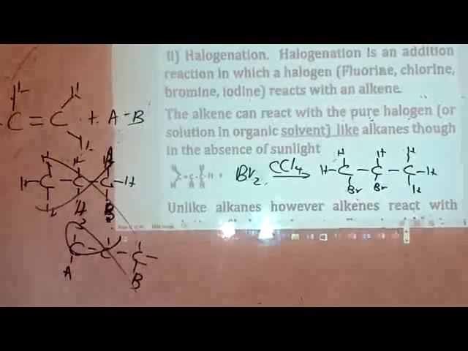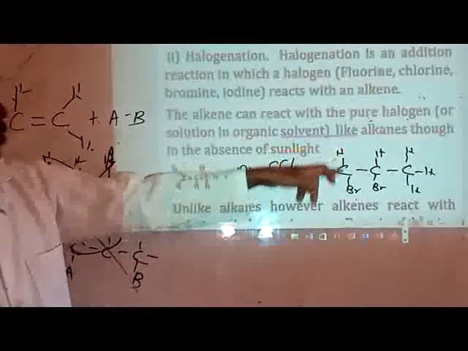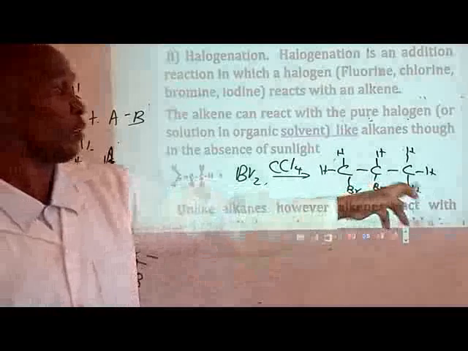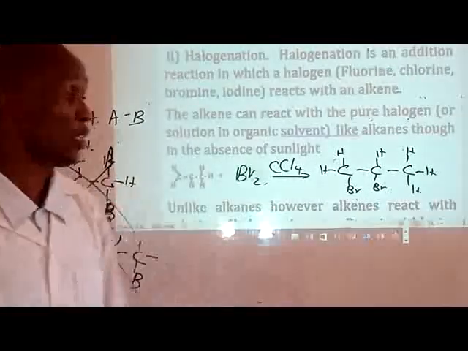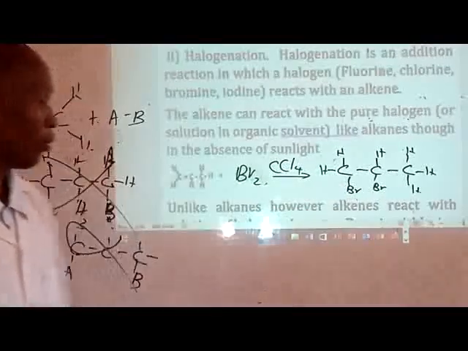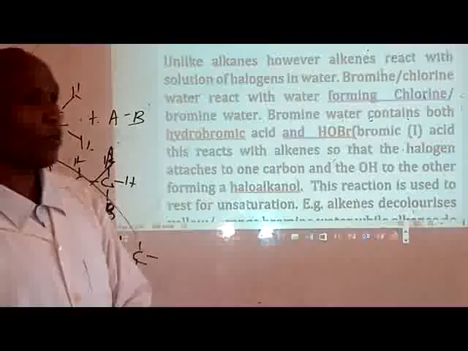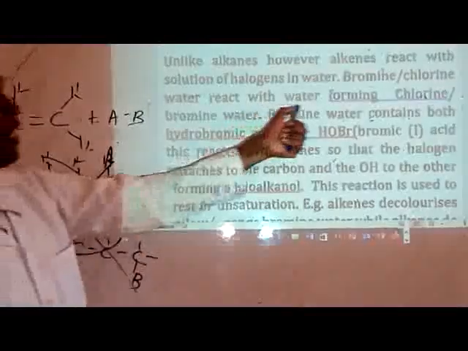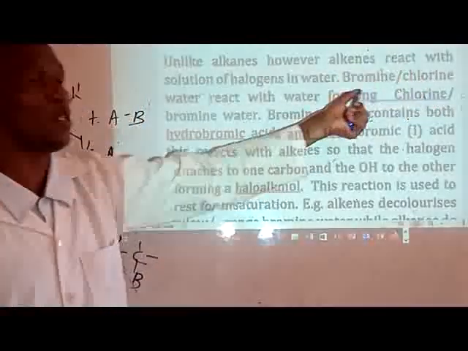That is the product. Note that you don't put the bromine on the same carbon to get 1,1. It cannot become a 1,1,3. It is 1,2-dibromopropane.